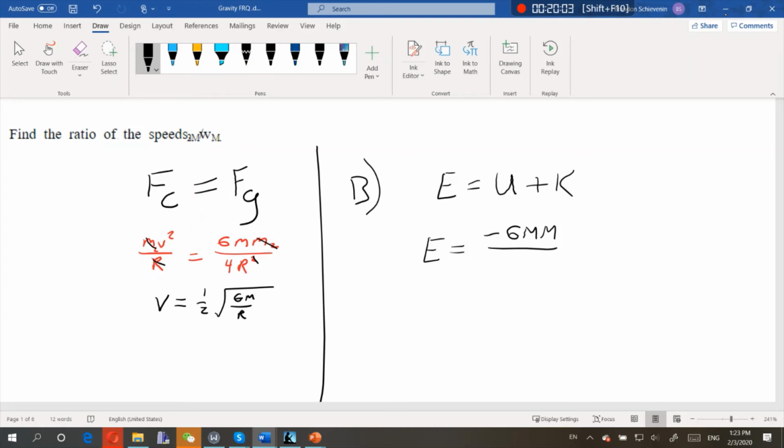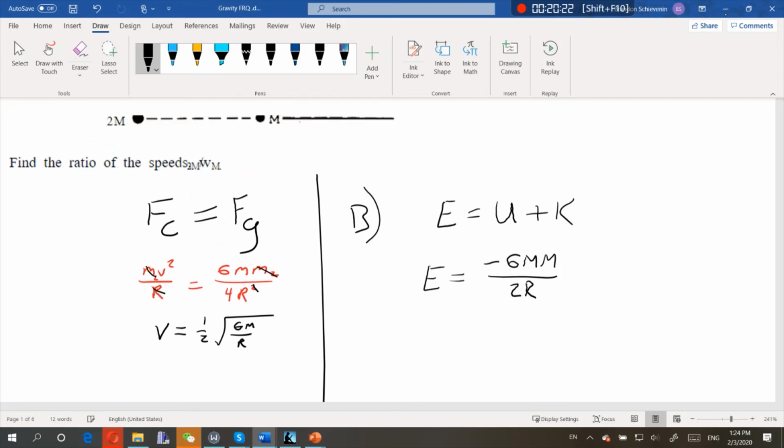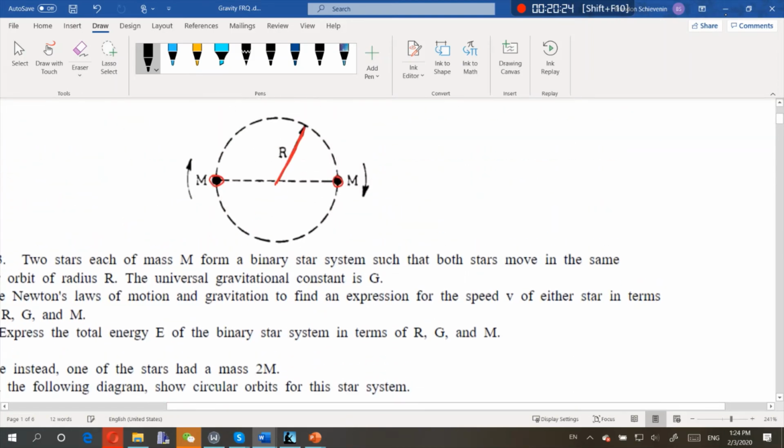Center of what? Center of sun to center of the other planet. Okay, cool. So in this case, this is actually 2 times R, since if I go back to our picture, 1 R is only half of the distance between the centers of mass.